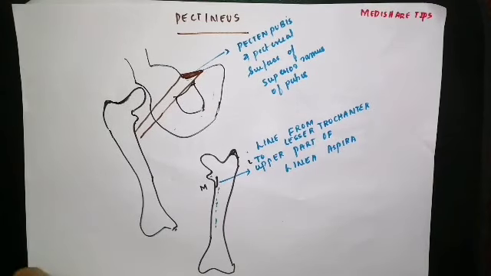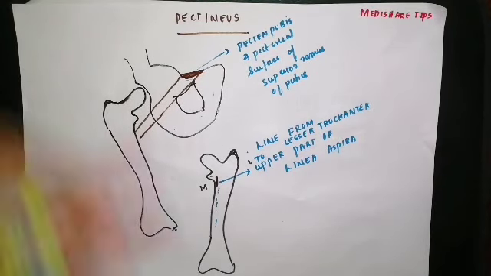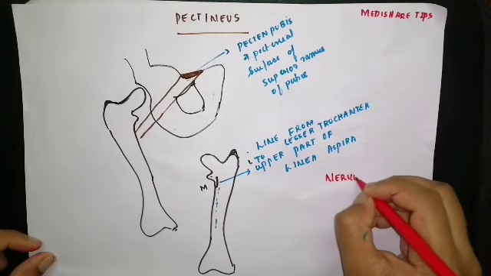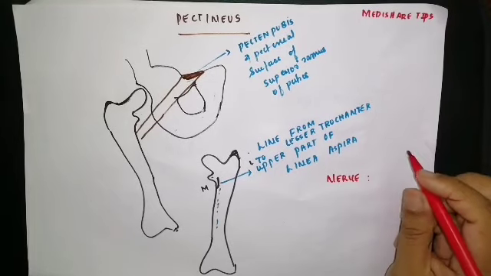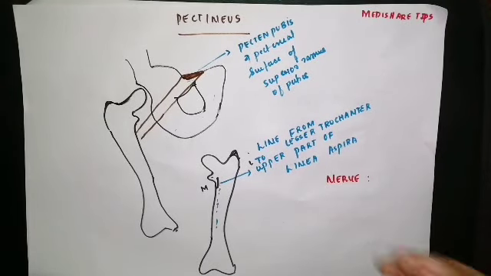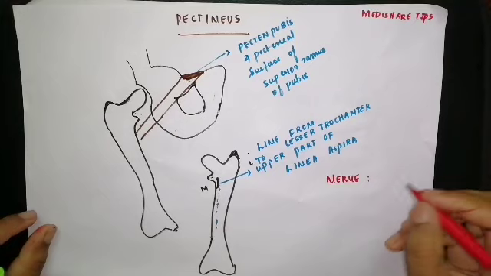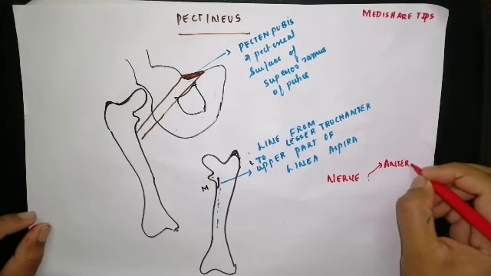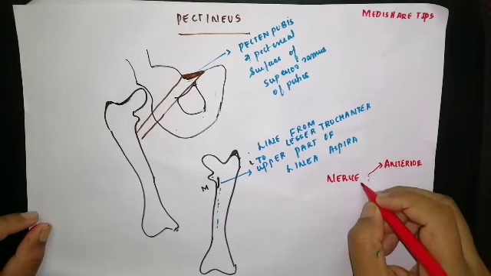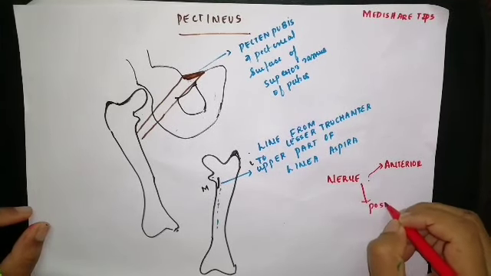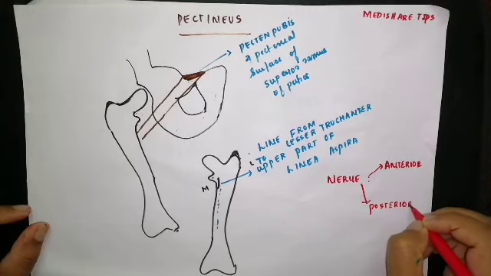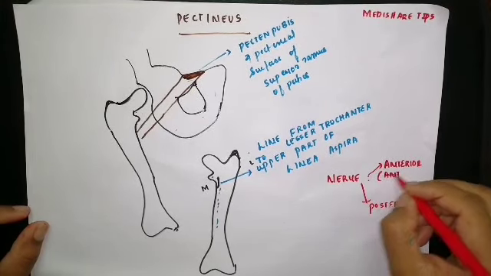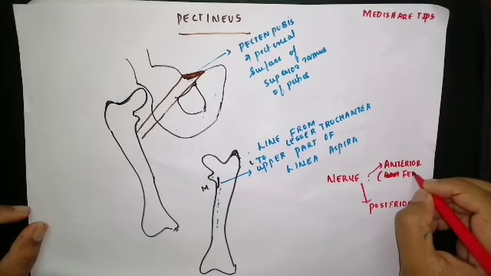Now what is the nerve supply of this muscle? Know that this is a hybrid muscle. It has a dual nerve supply, and it has an anterior portion, the anterior fibers, and a posterior portion, the posterior fibers. The anterior fibers are supplied by the femoral nerve.